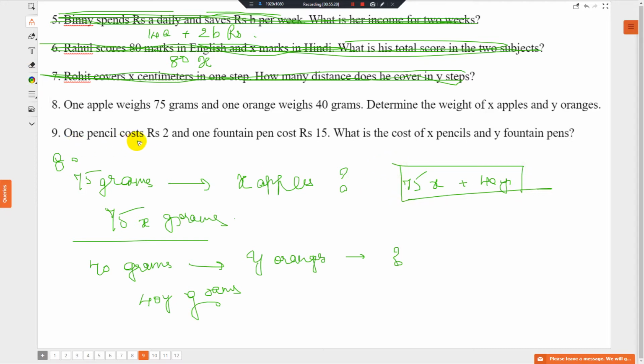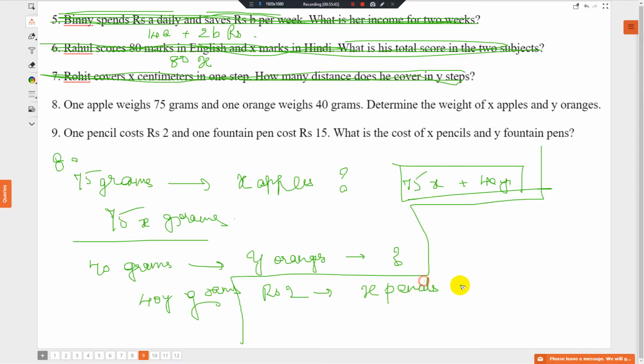Now if one pencil costs rupees 2 and one fountain pen costs rupees 50, what is the cost? See, this is also the same problem. In the case of oranges and fruits, when there are pencils, one pencil costs rupees 2. For X pencils, how much?